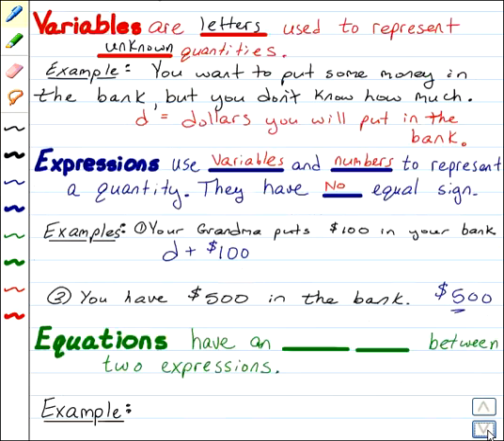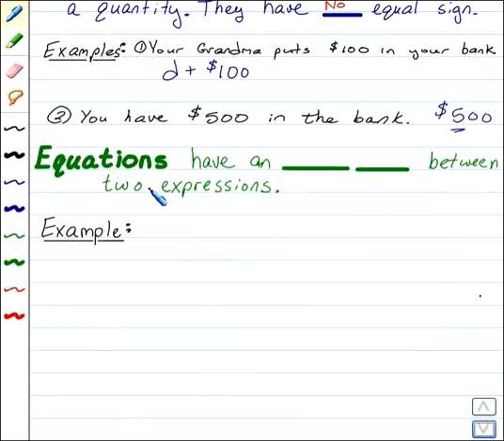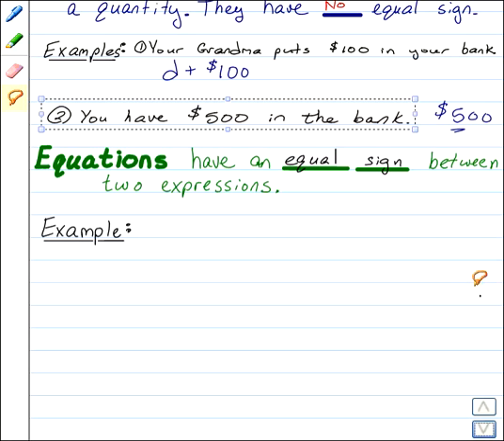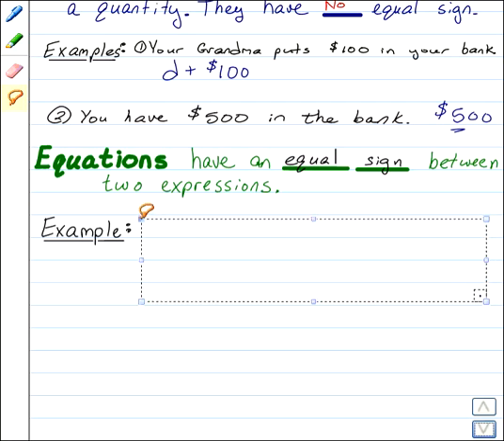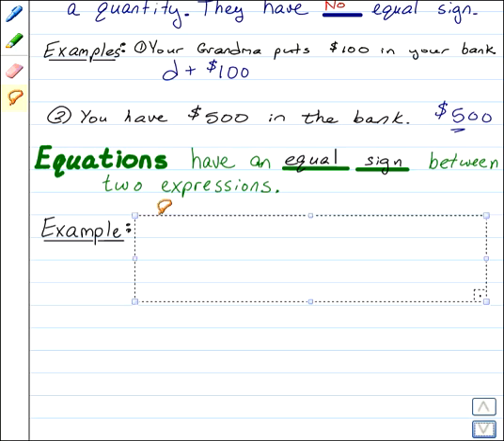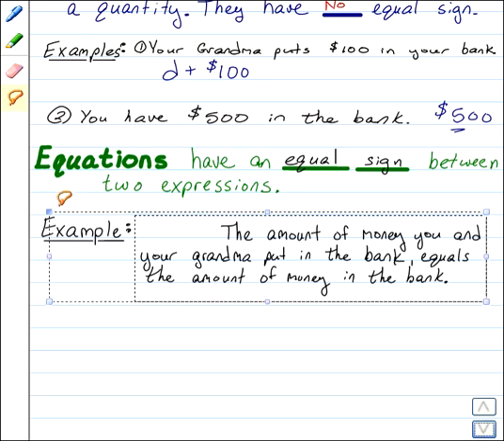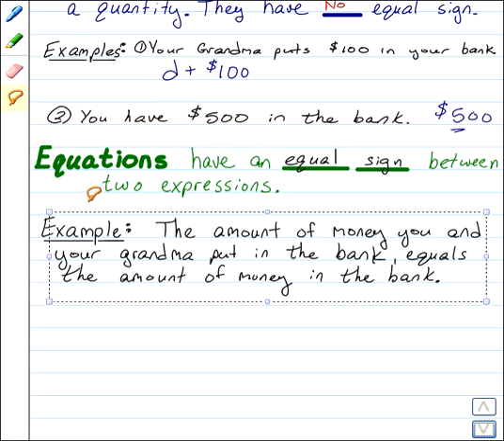The last thing that I want to look at is an equation. In an equation, you have an equal sign between two different expressions. For example, consider the two expressions that we had above, where the amount of money you and your grandma put in the bank is going to equal the amount of money that you have in the bank.